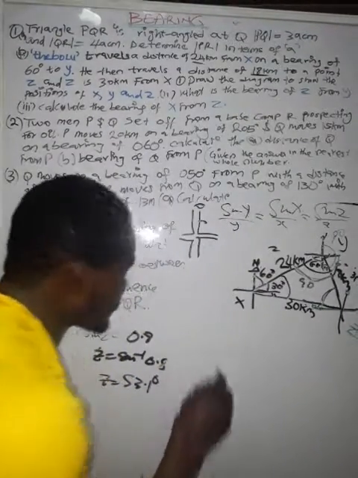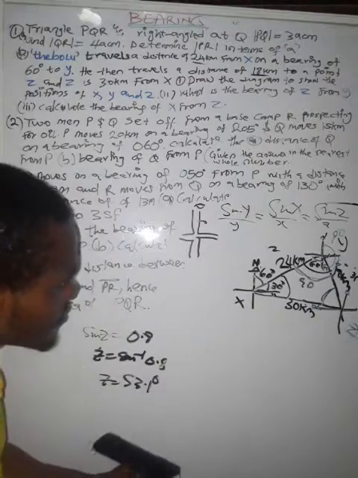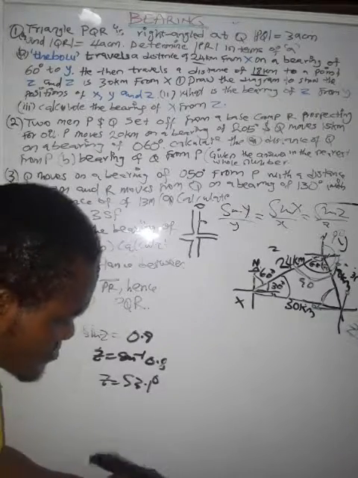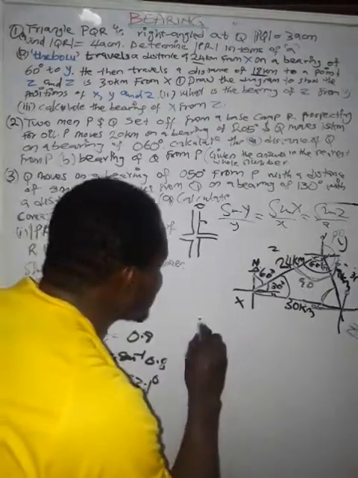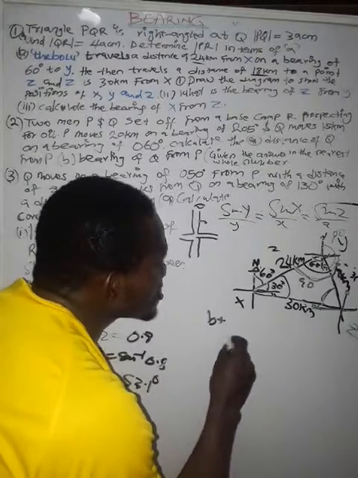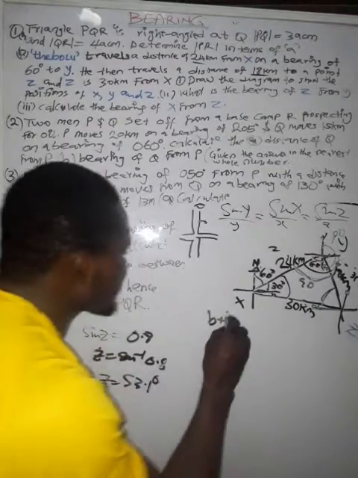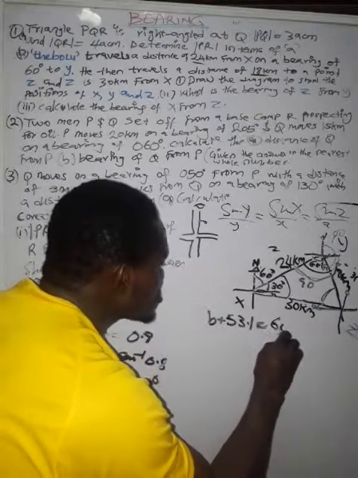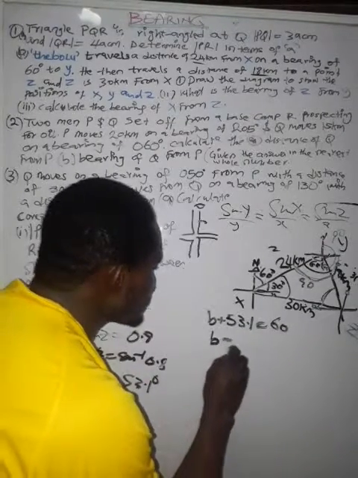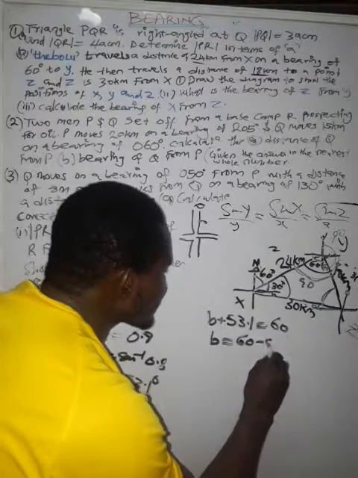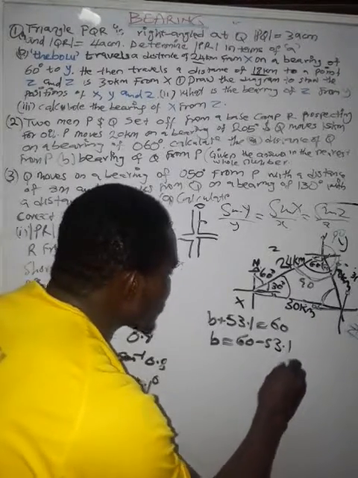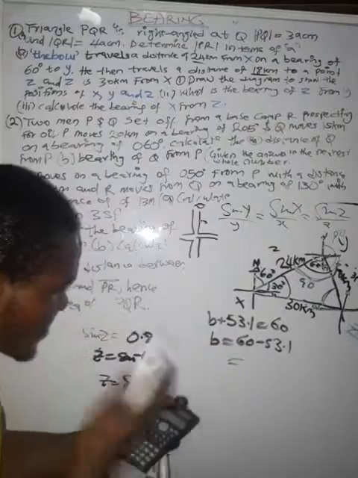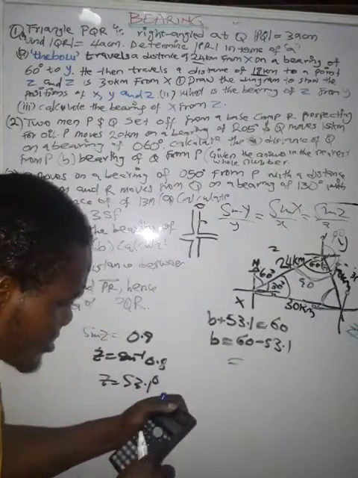So b plus 53.1 equals 60. So b will be 60 minus 53.1, which gives around 6.9.